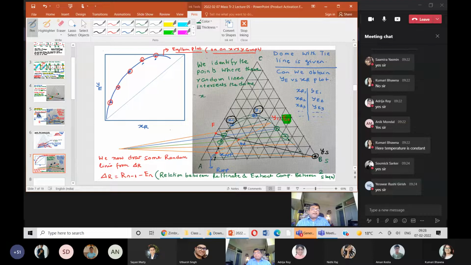And we generate x1 versus y1, x2 versus y2, x3 versus y3, x4 versus y4 type data. How many data sets will you get? You will get as many as the number of random lines you have drawn. Check for a minute.